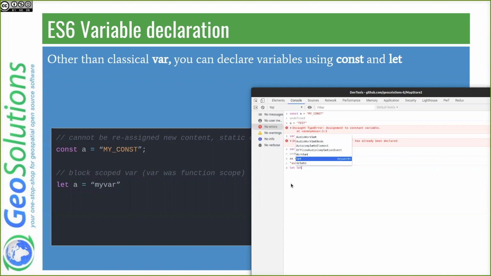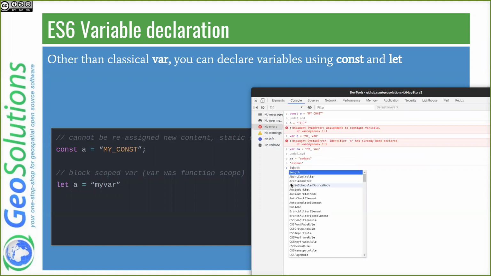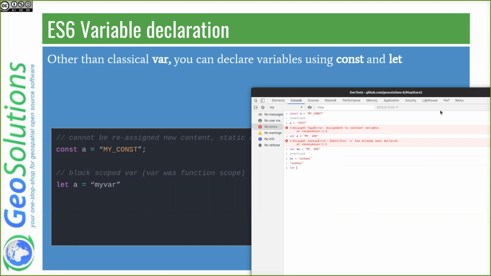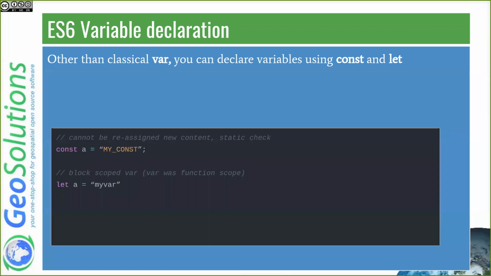So you can use the new let syntax to define these variables. Let me close this console in order to reset the variables I created, to avoid a new name matching a variable defined before.